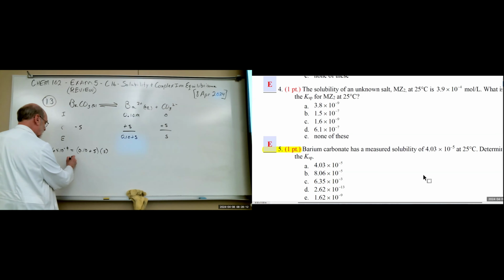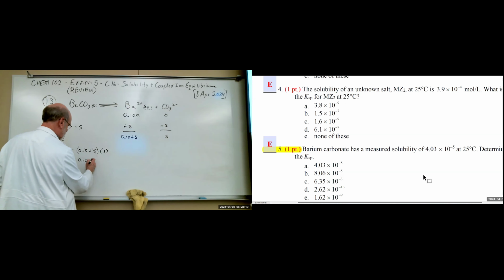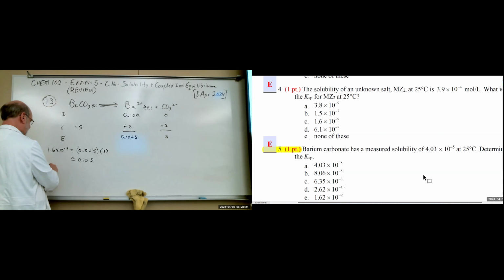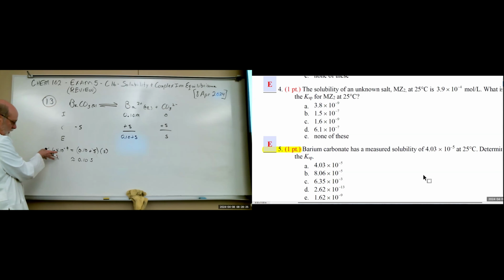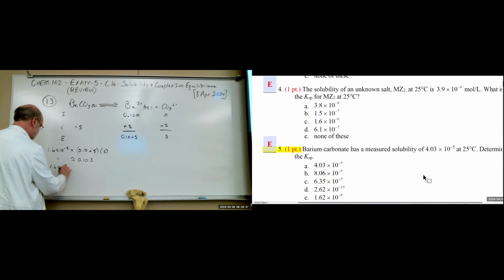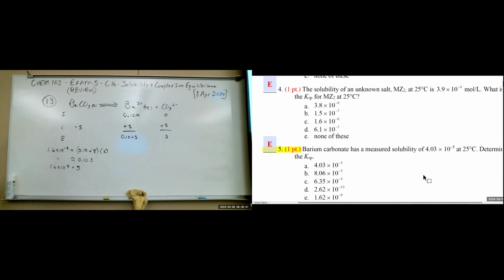That means we can approximate: 0.1, drop this one out, times S equals this value. So all we have to do is divide this one by 0.1. When you divide something by 0.1, it's the same as multiplying it times 10. That means 1.6 times 10 to the minus 8 equals the solubility.